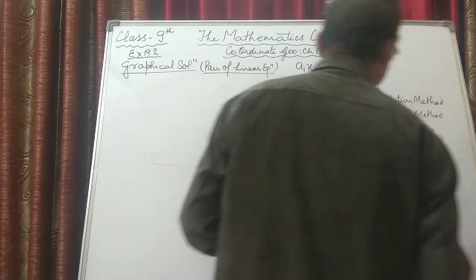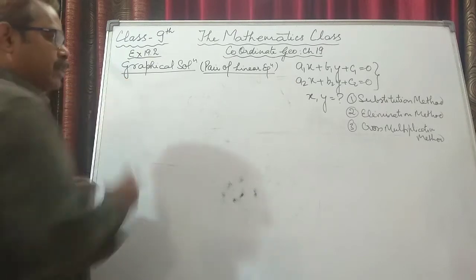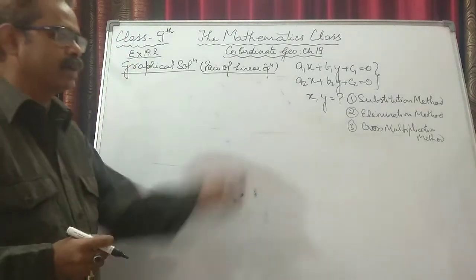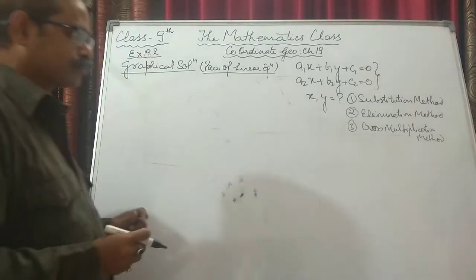Now one more method is added to these three. The fourth one is the graphical solution, but this we are using with the help of geometry. So this we are going to learn in this chapter.